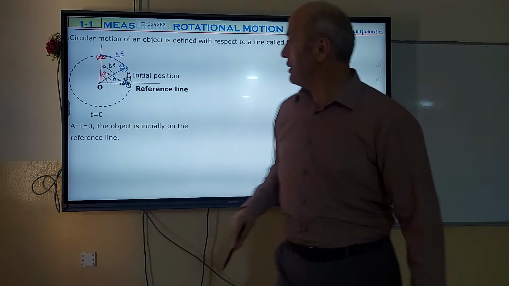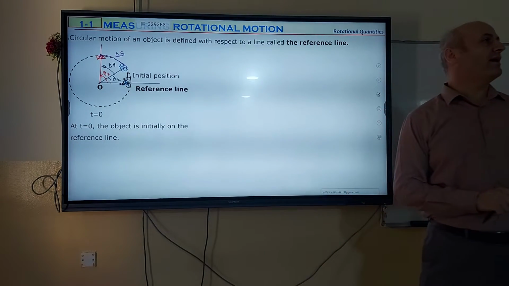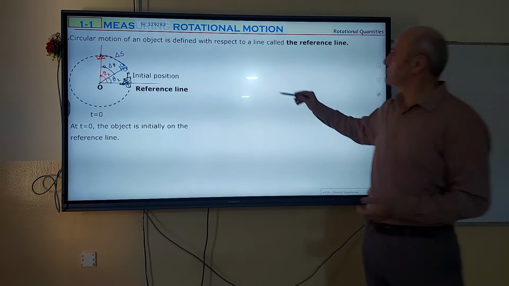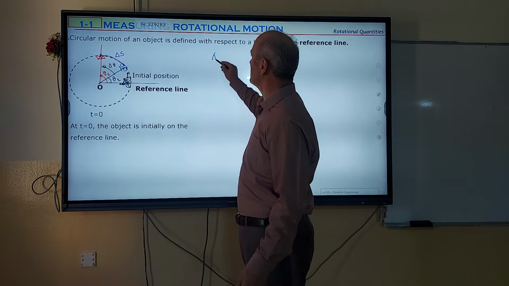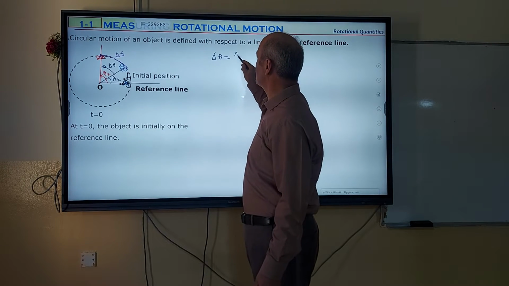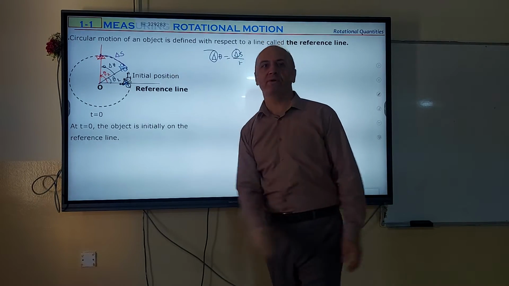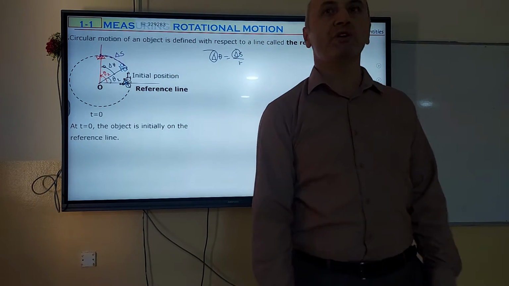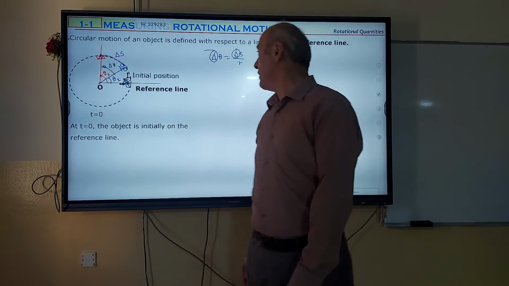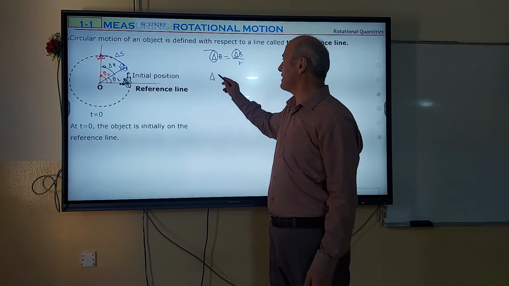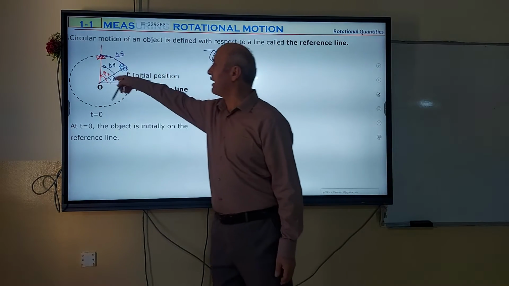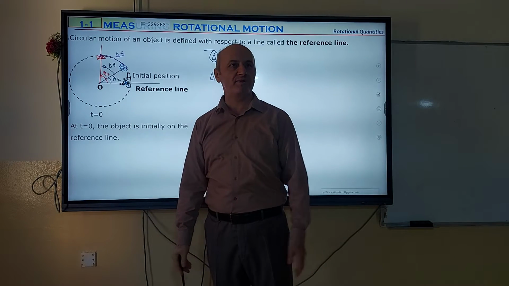And we know how delta S and delta theta are related. Delta theta is equal to delta S over R. We put delta in physics because if an object is in motion, it's changing. And what about delta theta? Can I write delta theta in terms of the initial position angle and the final position angle?